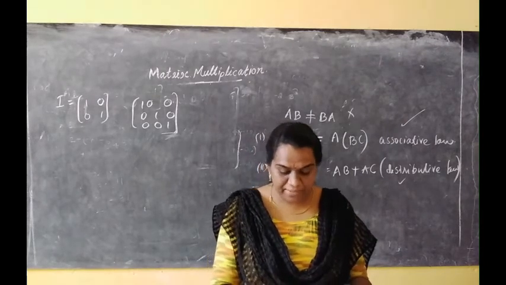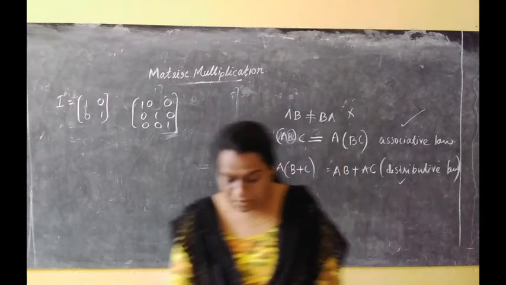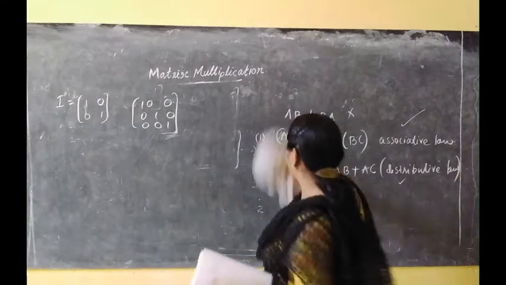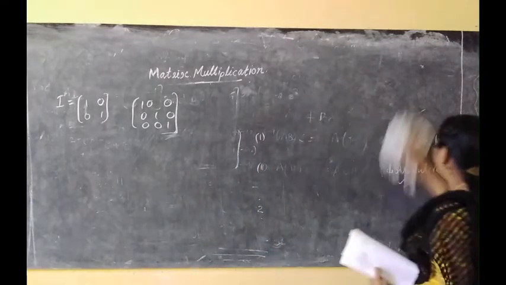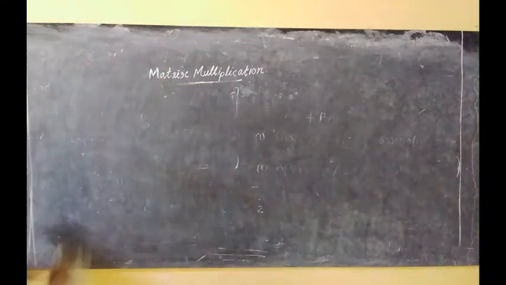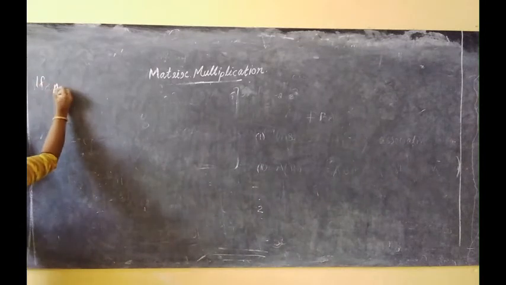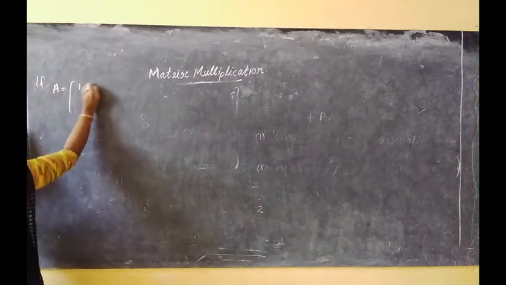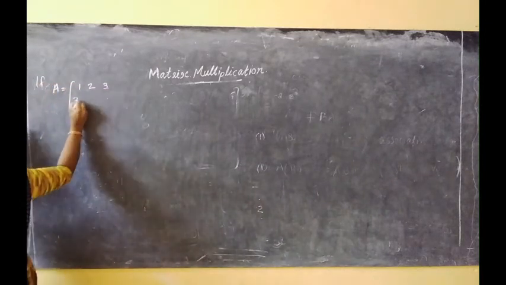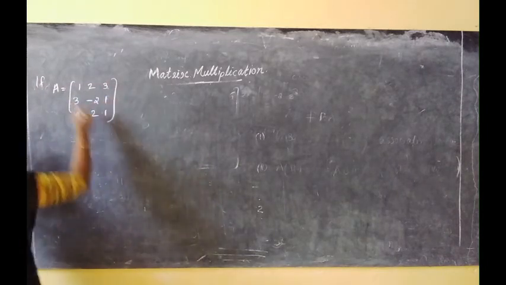Now another type of problem comes under matrix multiplication. If A is equal to the matrix 1 2 3, 3 minus 2 1, 4 2 1, what is the order of this matrix?